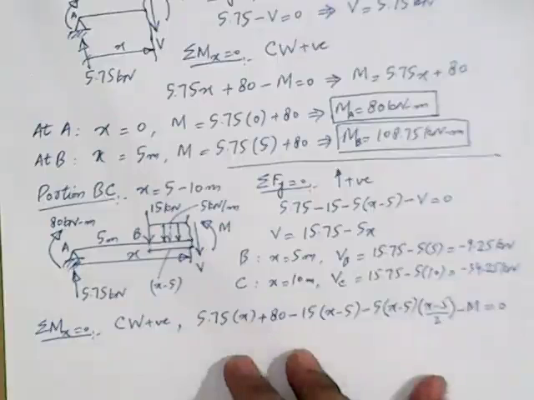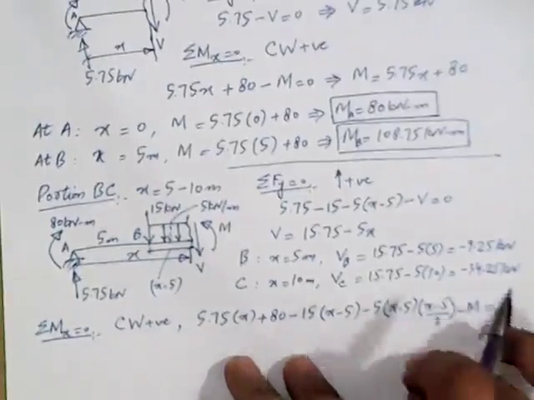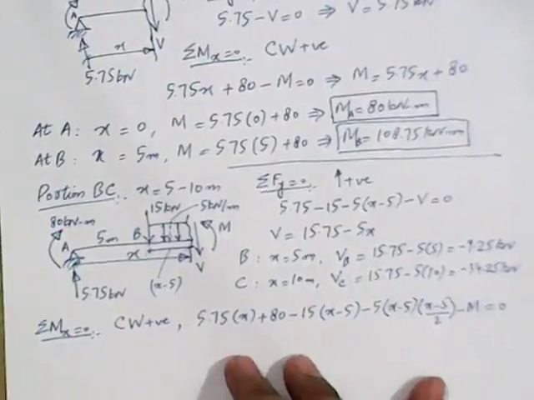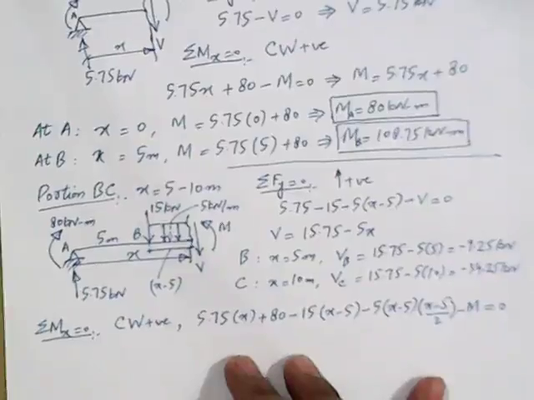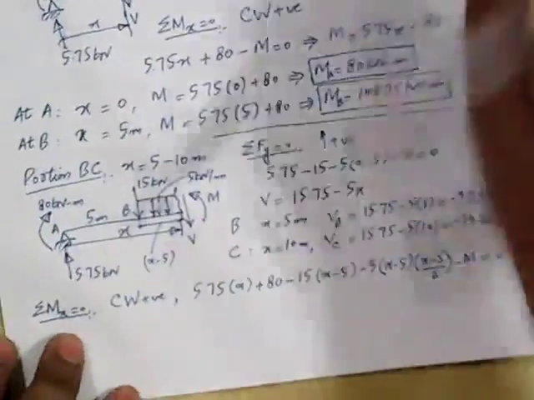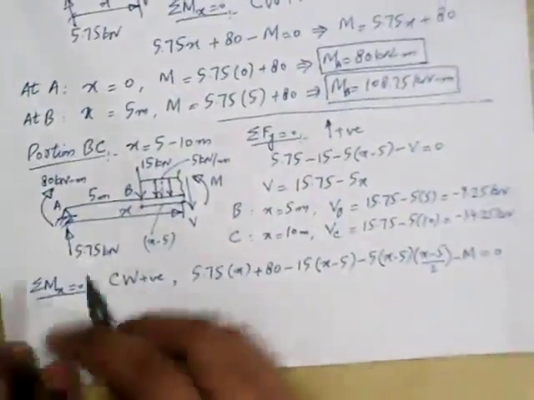Now, there are two options. You can either simplify this expression and then calculate the moment for point B and point C, or even if you like, you may not simplify it and just plug in the values of x for point B and C and get the values of moment. So it is up to you, whatever you like. But I can tell you what you will get if you simplify this equation.